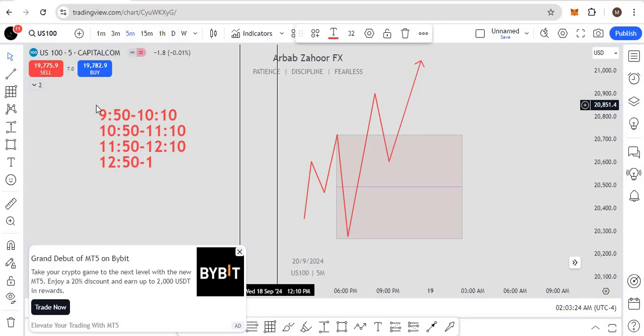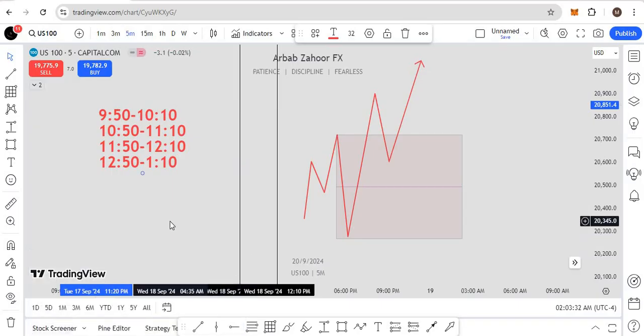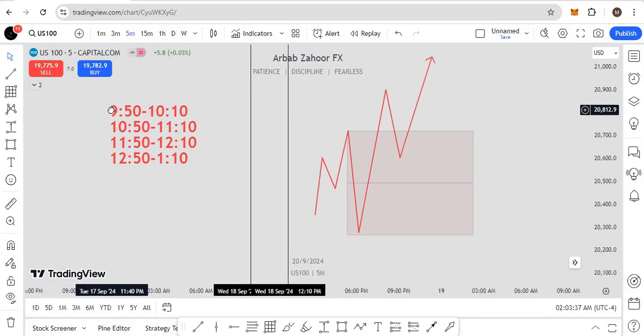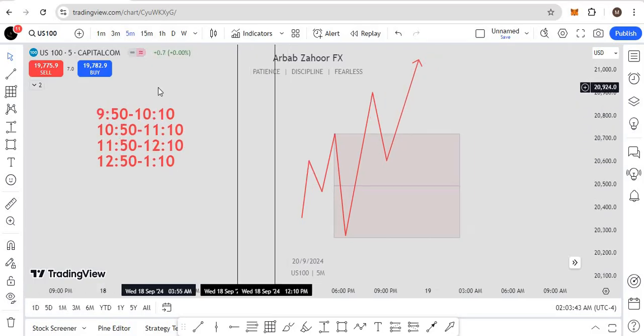So you will see that price most of the time reaches some sort of liquidity or target it wants to go to at this time of the day, or this time of the hour.